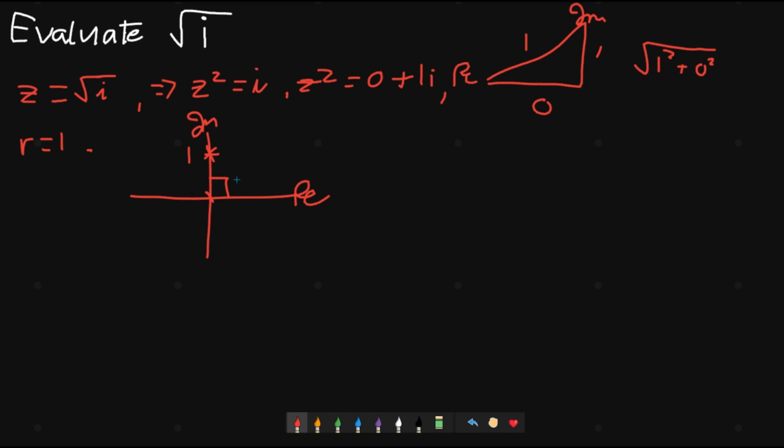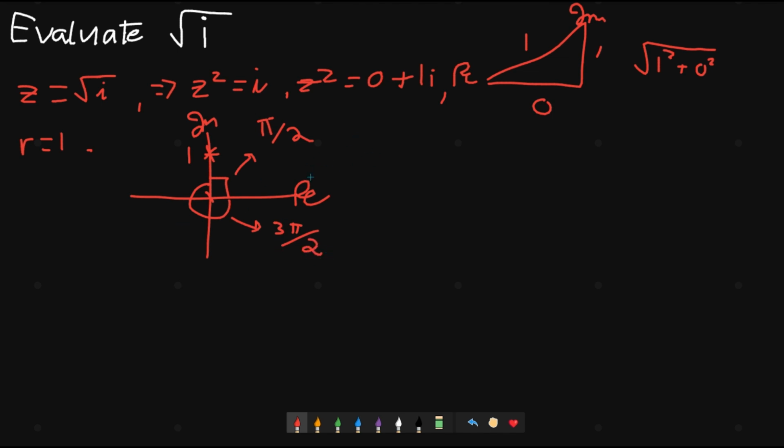So it's 90 degrees, but we're going to use radians, so we're going to say pi over 2. But it could also be this other angle, which is going to be 3 pi over 2.